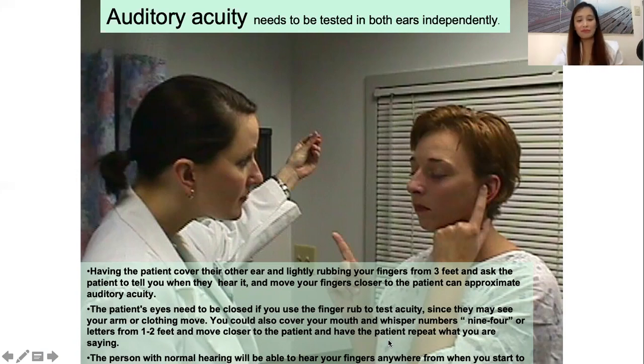So you just whisper, and then you ask the patient whether she can hear you or not. Okay, so you will be able to see that later in the video demonstration. So you test each ear individually. So after testing the left ear, you can test the right ear, and if you see any abnormalities or any decrease in the auditory acuity, you can now proceed to the other tests.